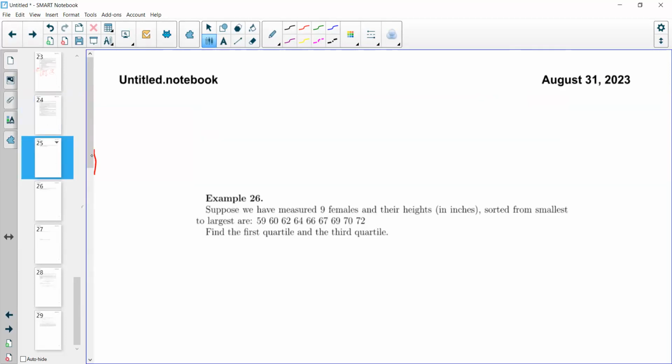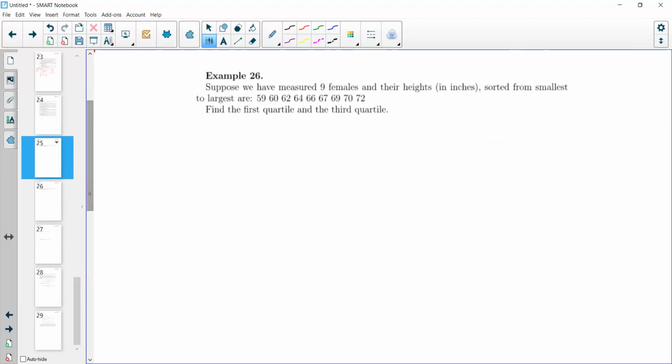So let's look at this. Suppose we measured 9 females and their heights in inches sorted from smallest to largest are. Find the first quartile and the third quartile. So we have n equals 9. Find the location of the first quartile.